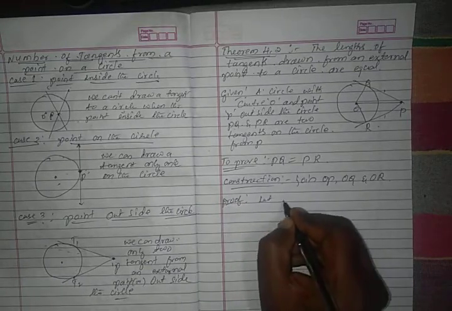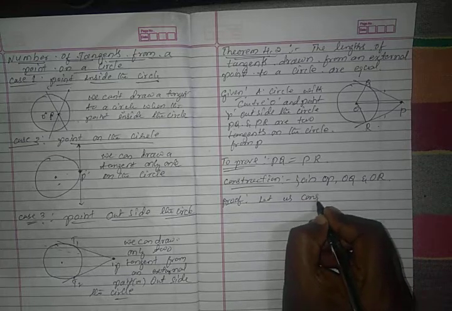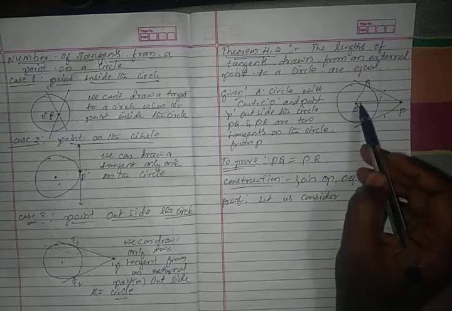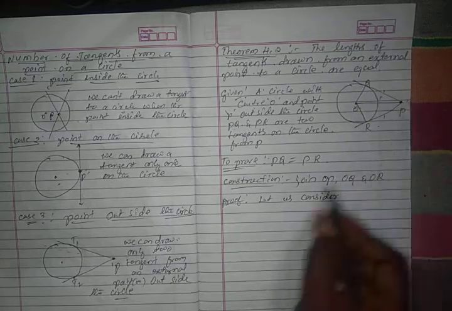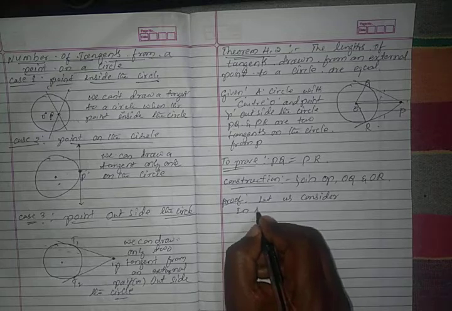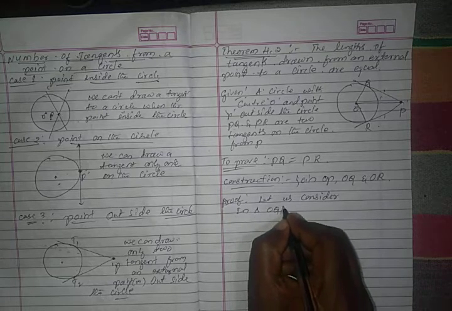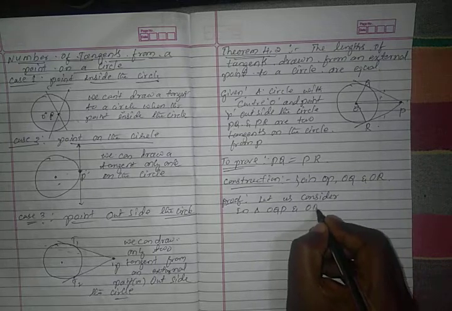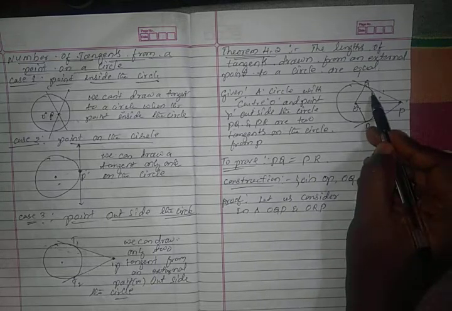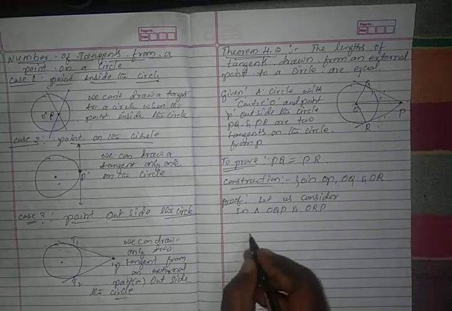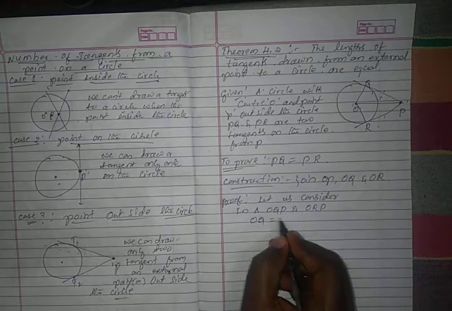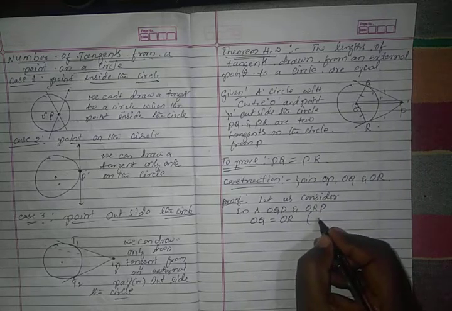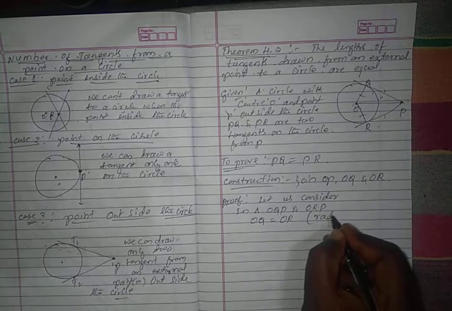Let us consider triangles OQP and ORP. Comparing these two triangles, OQ is equal to OR because both are radii of the same circle.